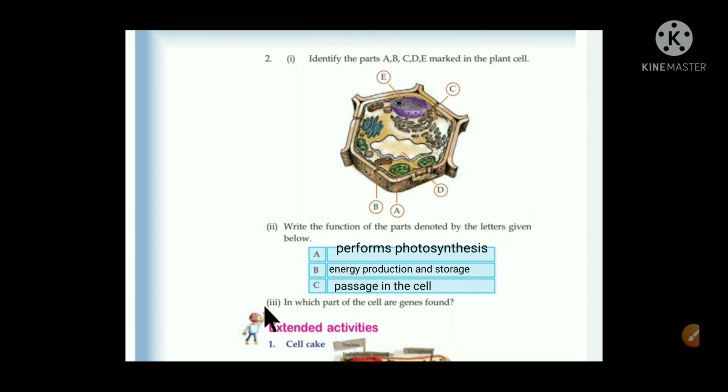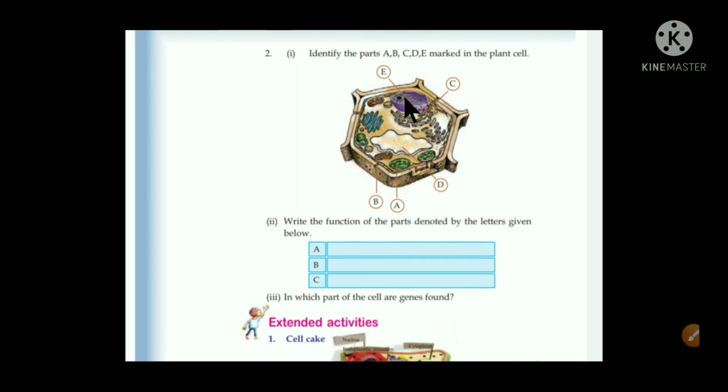Then Roman numeral 3: in which part of the cell are genes found? You can find genes inside the nucleus, and inside the network-like structures seen in the nucleus. It means you can see genes inside chromatin reticulum.